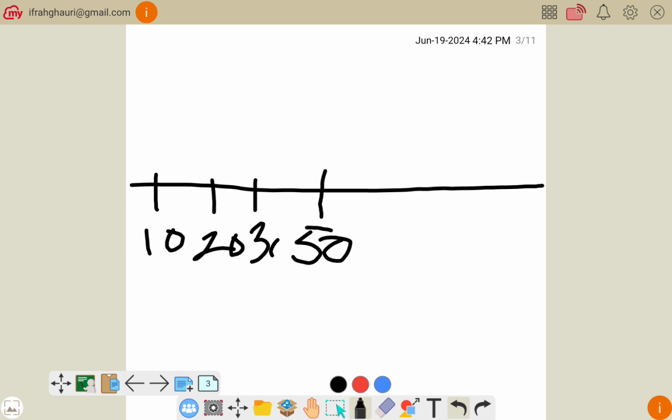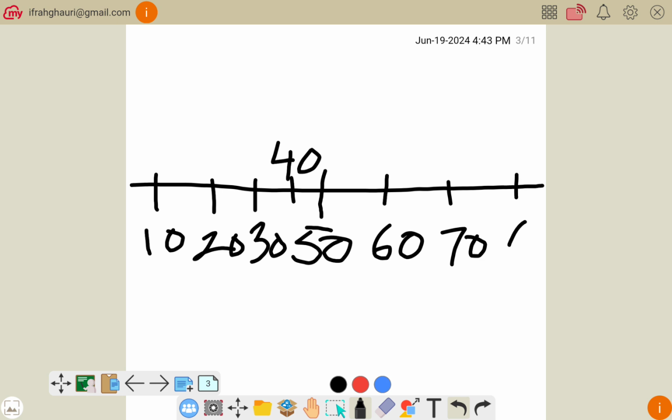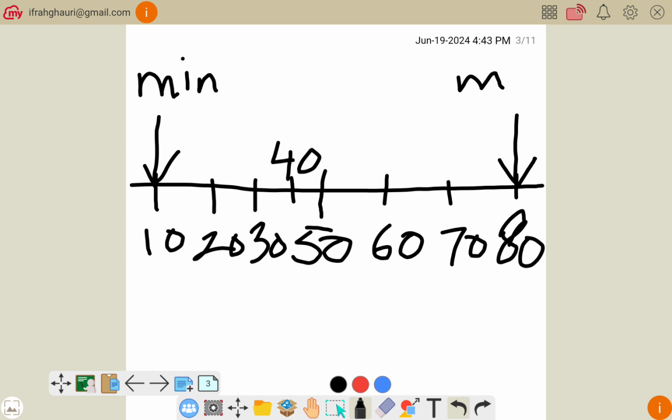20, 30, 40, 60, 70, 80. Now, the minimum was 10, so I will indicate it: the minimum speed was 10 km per hour, and the maximum speed was 80 kilometers per hour.